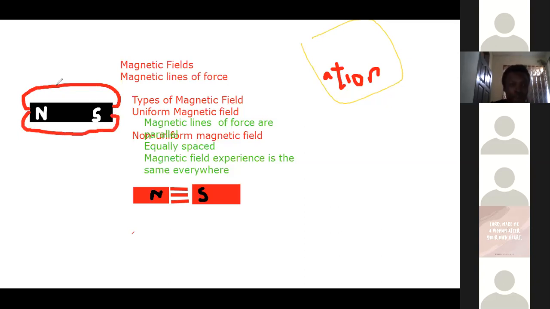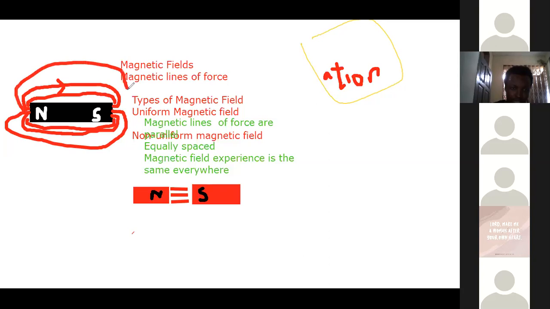You realize that these are curved and they are not equally spaced. This is what we call non-uniform magnetic lines of force, but they do not cross each other. A particle that is around the poles will definitely experience a higher magnetic field than one around this other area, so the magnetic field intensity varies.